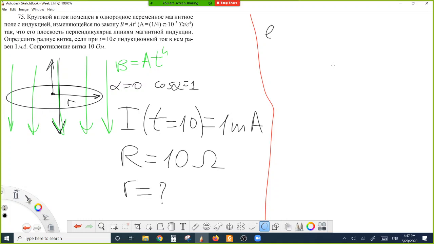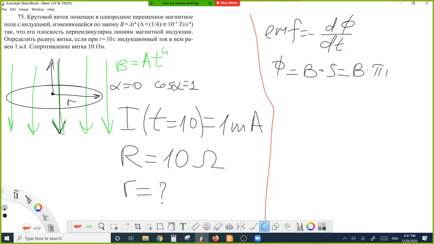We know that electromotive force is equal to minus d phi over dt, where phi is equal to B multiplied by S, where S is equal to pi r squared, and B is equal to a t to the fourth power.